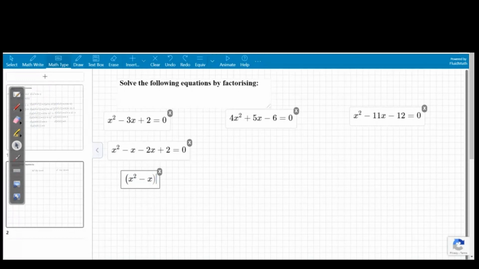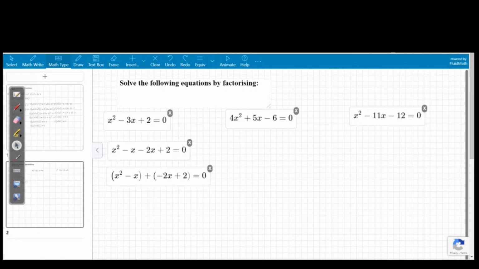Then let's bring our plus and introduce another bracket: minus 2x, then 2. All this is equal to 0. So now we've grouped these terms, and from here we can go ahead and do our factorization.